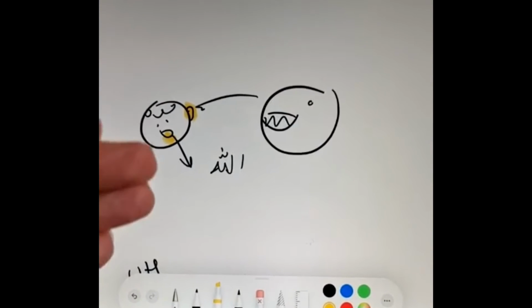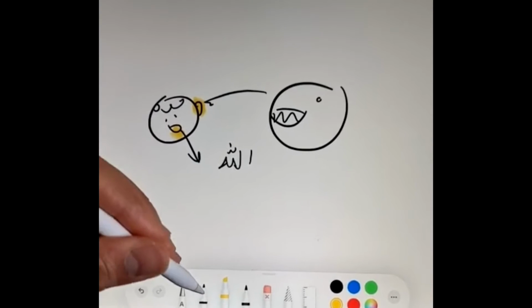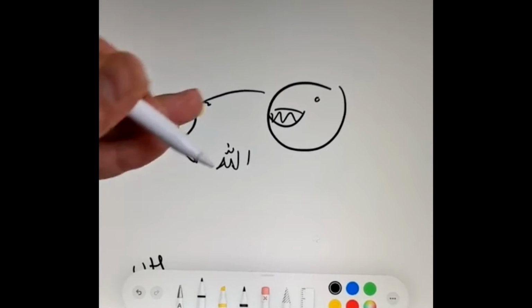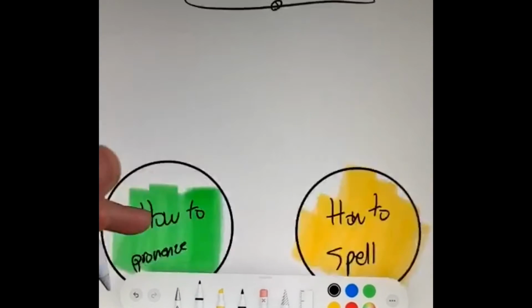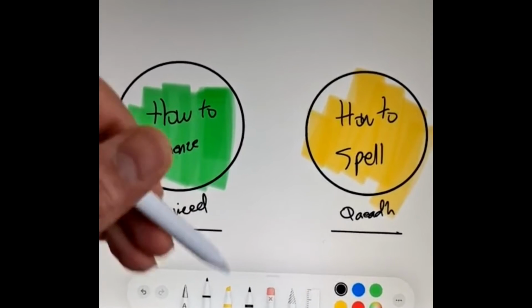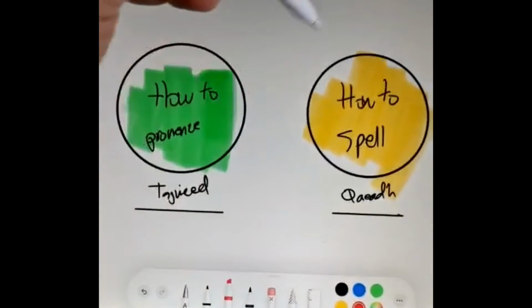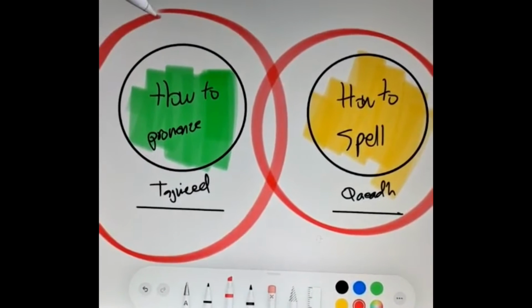Now, for us to solve these problems, to make sure you are saying exactly what I'm trying to teach you, we invented Tajweed and Qaedah. We invented these two things so people can read Qur'an properly without changing them.